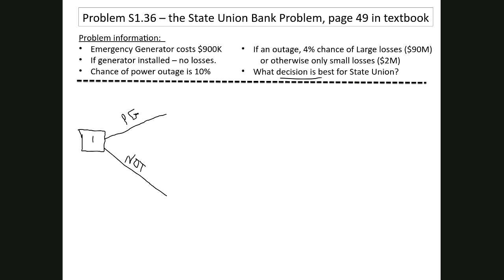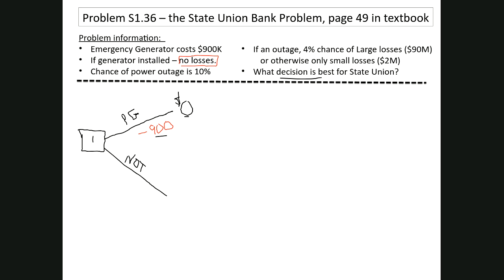There's going to be a cost of 900,000. And if they purchase the generator for 900,000, there are no losses. So the return, or the cost, if you will, is $0 if the generator is purchased. And then that's all that happens. No matter whether there's a power outage or not, because the generator is purchased, there'll be no loss, but there will be a cost of 900,000.